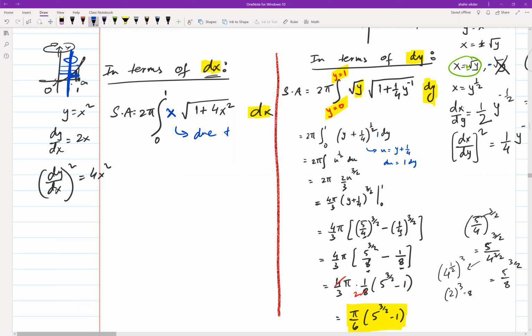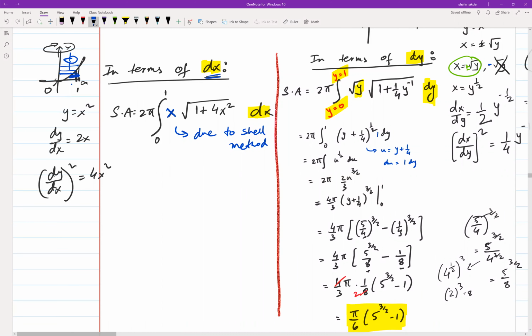due to shell method. So if you don't know or you forgot how shell method works, please look up the idea of a shell method, how it works. That is why the radius is not the function anymore. When you're swapping things, it becomes x in here. So here's one of the tricks. dy, completely fine.